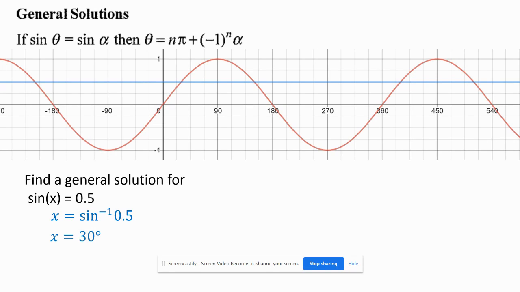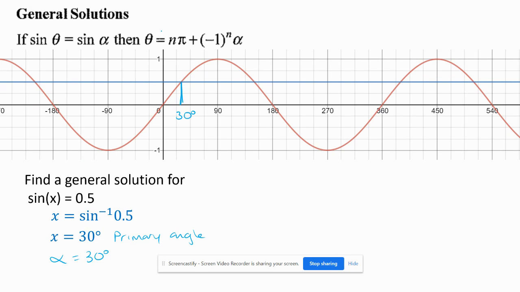Well, we know that we end up with x is 30 degrees. This is called the primary angle, and we give it the symbol alpha. So we say alpha is 30 degrees. It's the first one that we get, if I can draw it on here, 30 degrees.